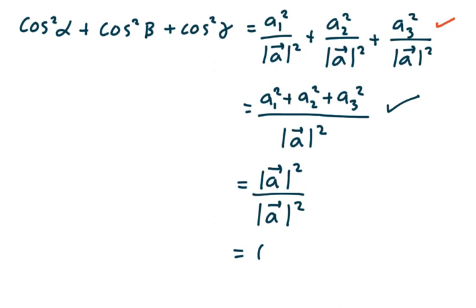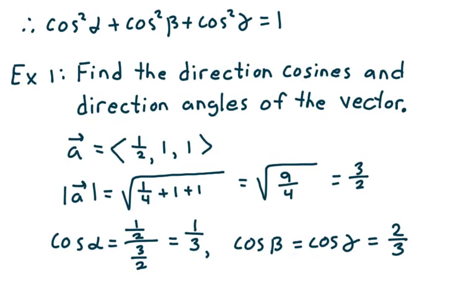But we've already shown that A1 squared plus A2 squared plus A3 squared is the magnitude of A squared. So on the second to last line, I get the magnitude of A squared divided by the magnitude of A squared, and if you notice, that's equal to 1. And so that says cosine squared alpha plus cosine squared beta plus cosine squared gamma is 1. That's how you prove that.